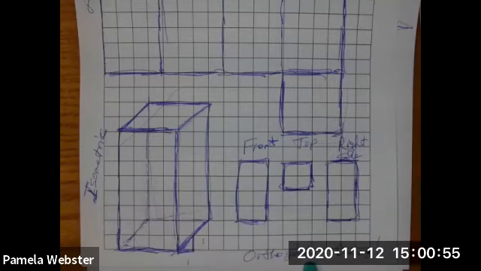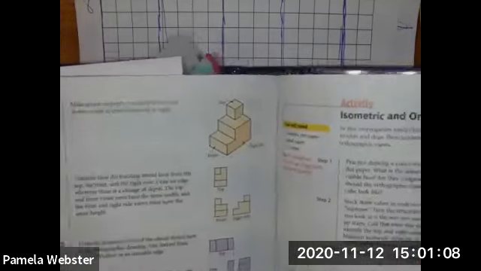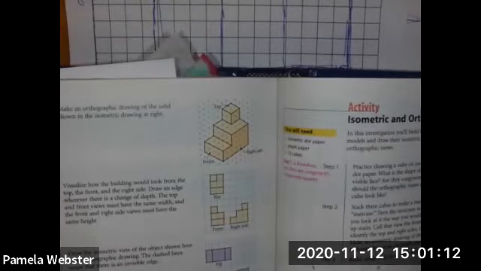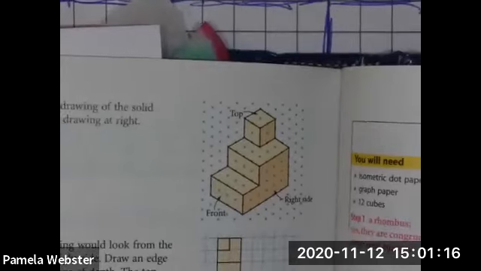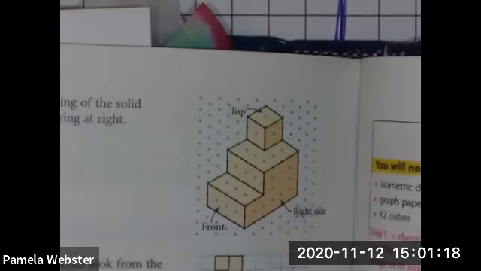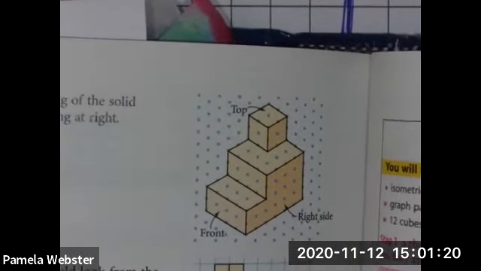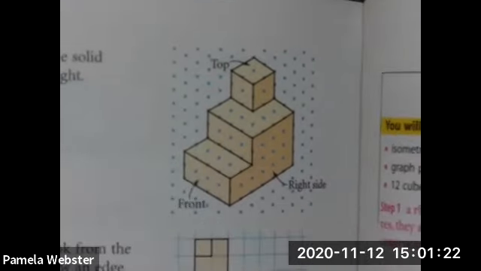So let me give you a more complicated version because that one's boring. Clearly, that's not a big deal. What if they gave us this isometric picture? So this is isometric.